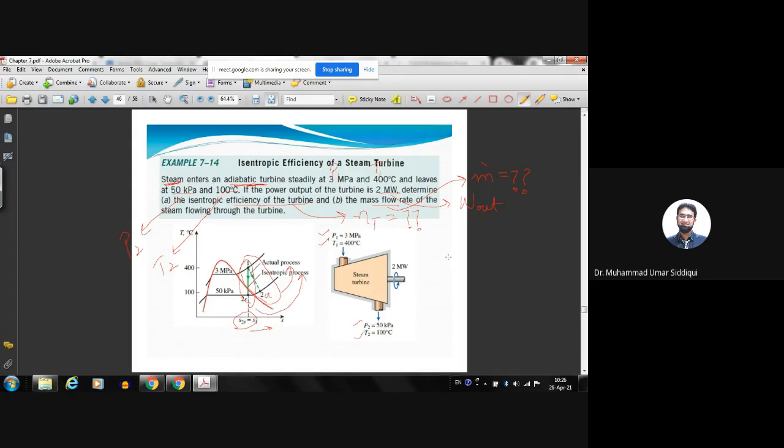Okay, so let's have a look at how we can solve the problem. First of all, the definition of the isentropic efficiency of the turbine is (H1 minus H2a) divided by (H1 minus H2s).